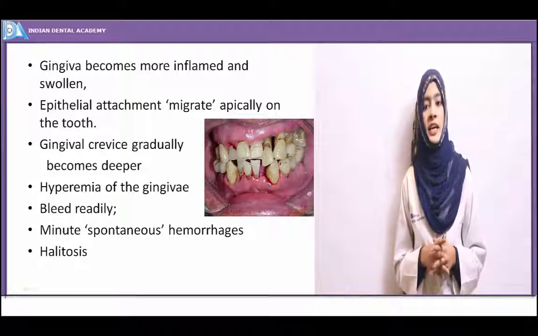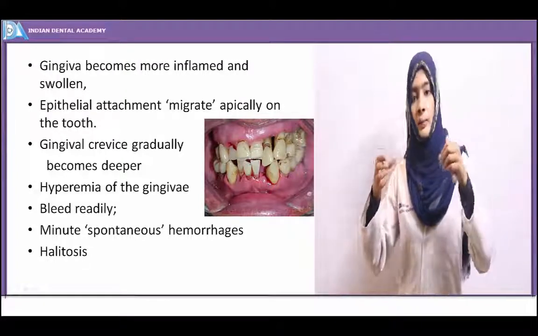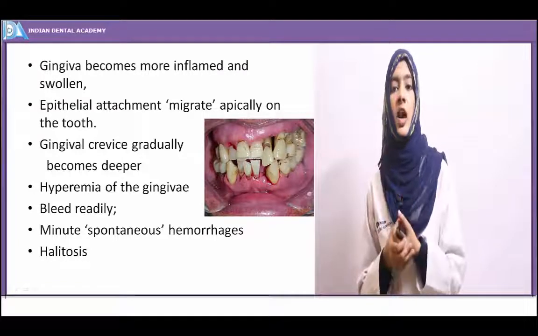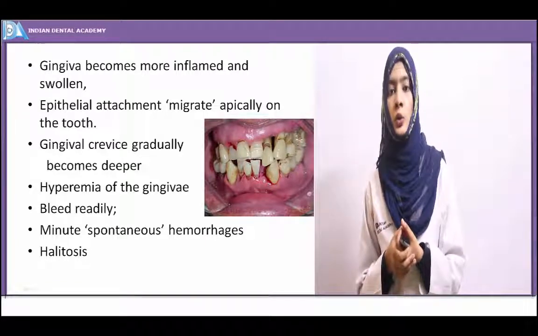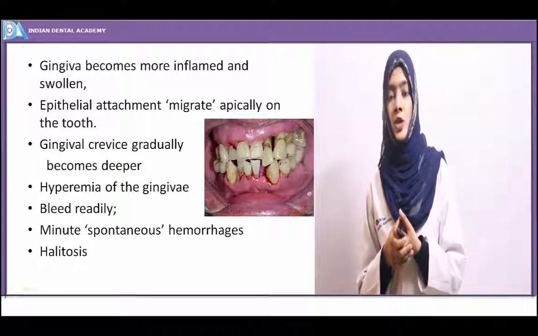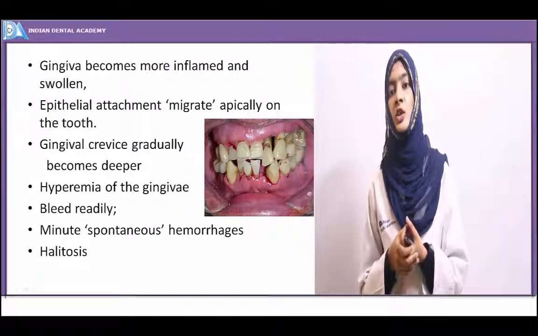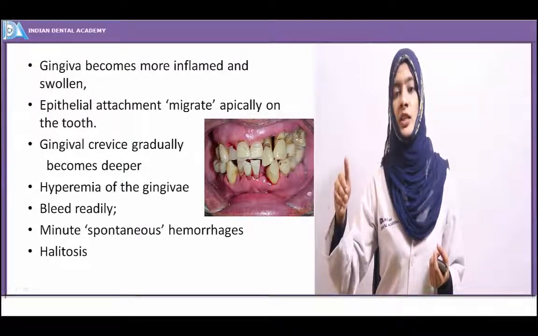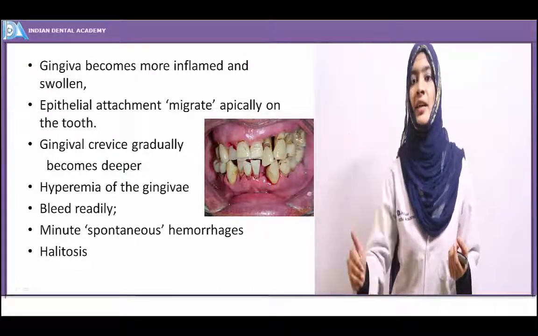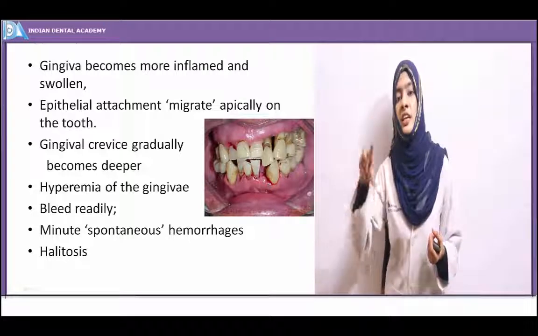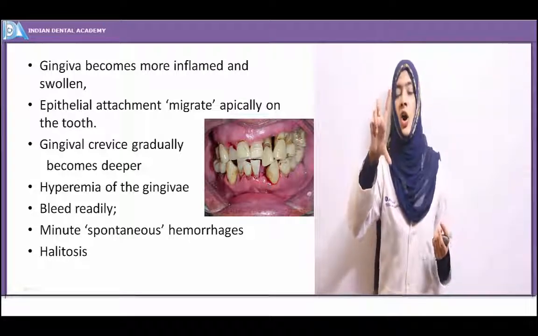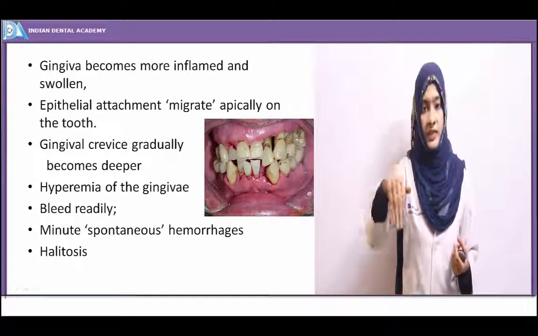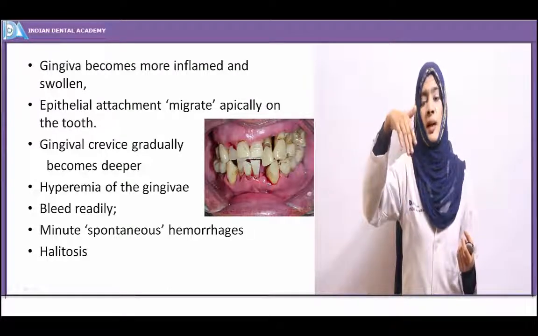Normally the epithelial attachment or the junctional epithelium is snugly fixed around the tooth, okay, but because of the inflammation progressing to involve the crevicular epithelium, it migrates apically on the surface of the teeth, leading to the development of clinically long crowns, that is the gingival recession, and even the attachment separates.